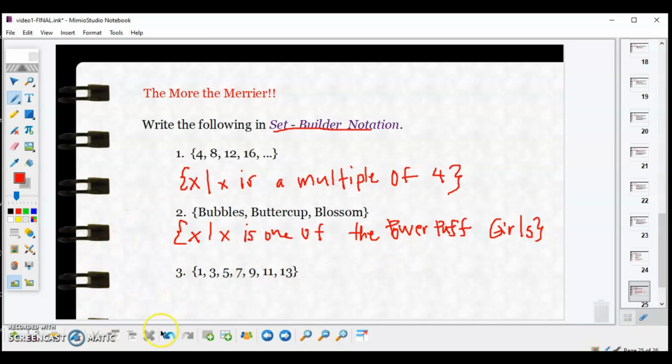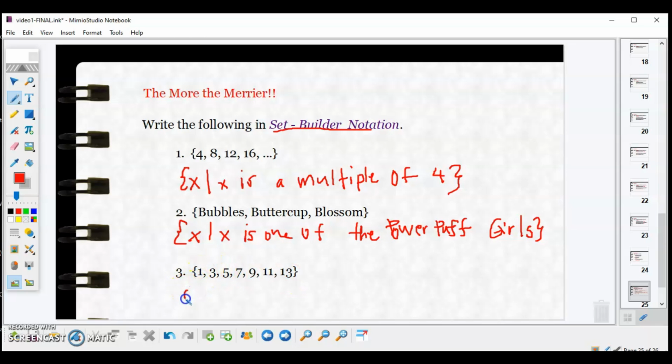And the last would be the set of 1, 3, 5, 7, 9, 11, 13. So what do we notice in these numbers? They are odd. But take note that the last element is identified and it's 13. So it means there's a limit.